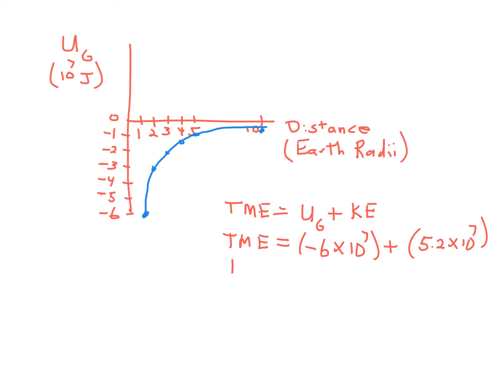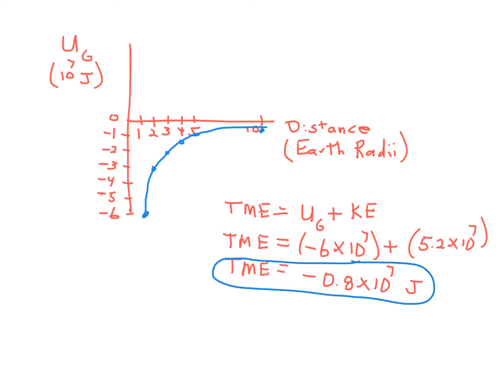In other words, the total mechanical energy to start with in this problem is negative 0.8 times 10 to the 7th joules. We'll keep with the 10 to the 7th so we can do some consistent graphing on our scale. Total mechanical energy of negative 0.8 times 10 to the 7th joules.